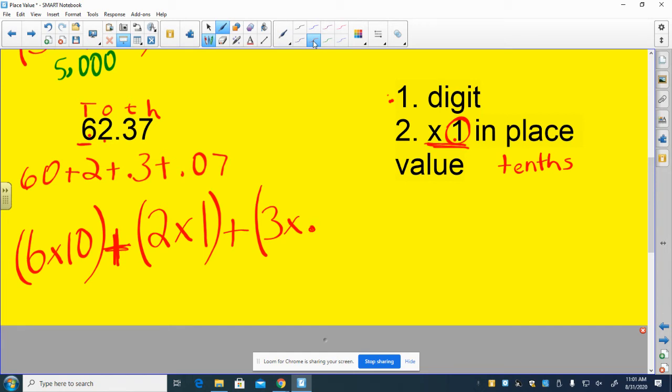So times 1/10, plus the last digit here is a 7, and it's on hundredths street. So 7 times 100th, and to get 100th, that's going to be decimal 0.01.